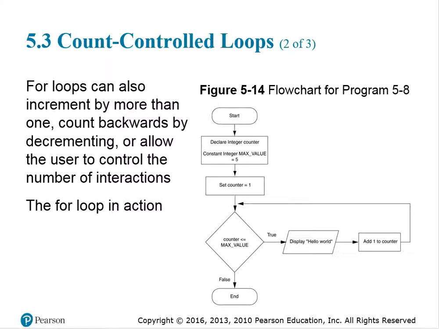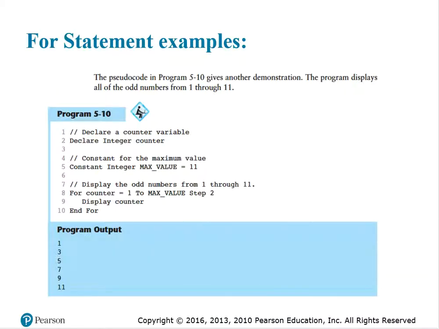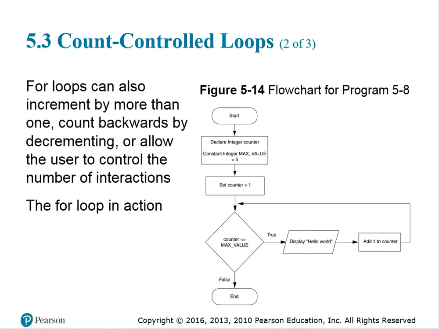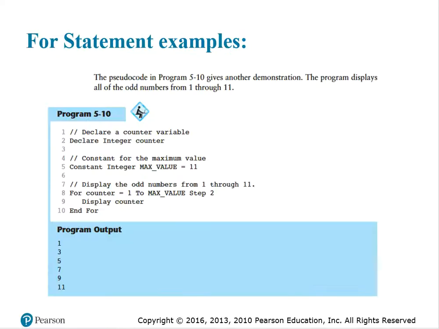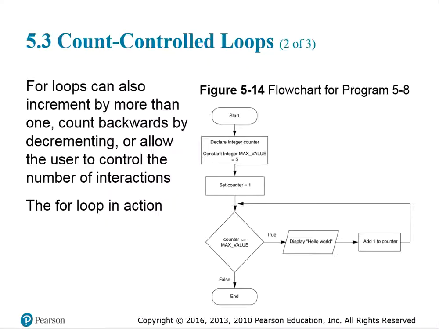But if you see it in pseudocode, the structure is quite different. This one is the flowchart, this is the pseudocode, and they're the same. It gives you another demonstration, but let me go back to this flowchart so you can see it graphically.